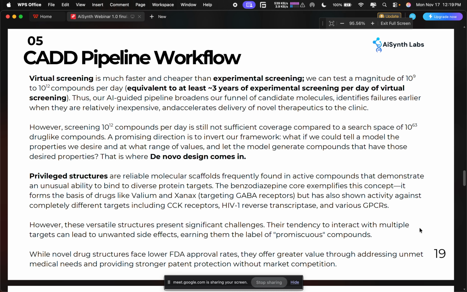The disadvantage I would say virtual screening has is that you find the drug would most likely have a similar skeleton, similar structures to what we already have. Because of that, it will be hard to get a patent.